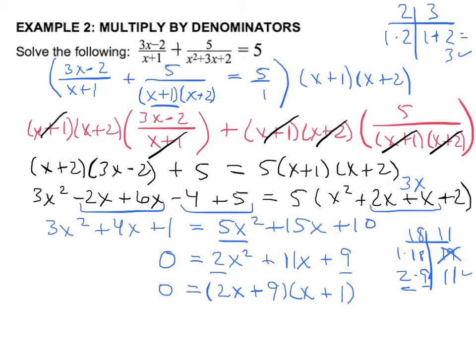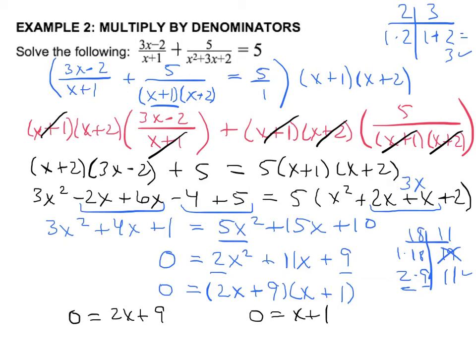And then, since it's equal to 0, we can set each part of our product on the right side equal to 0. So that would give us 0 equals 2x plus 9, and 0 equals x plus 1. And then we can solve each of these equations for x, and those are going to be our possible solutions.